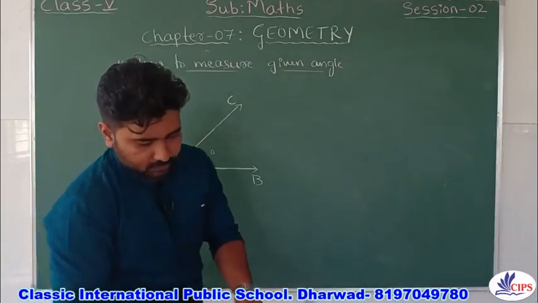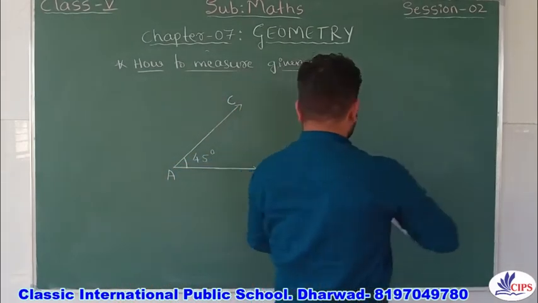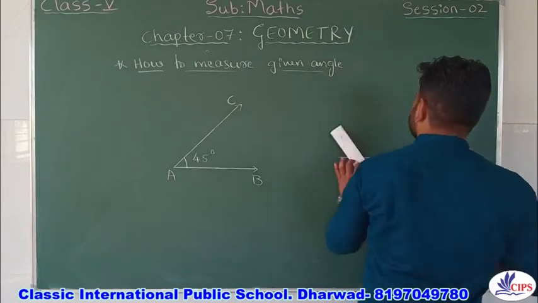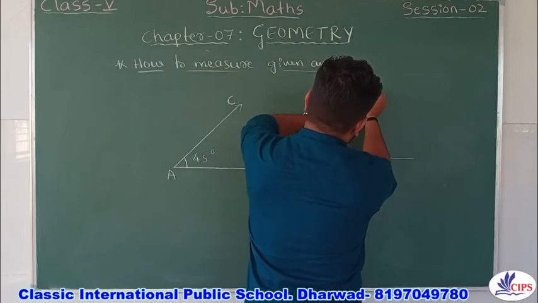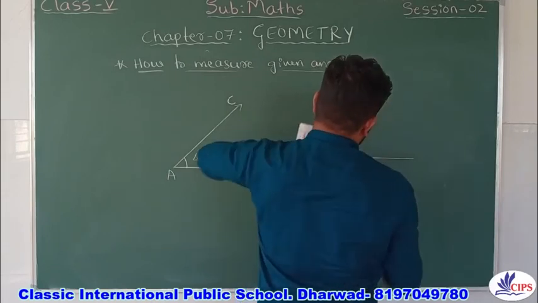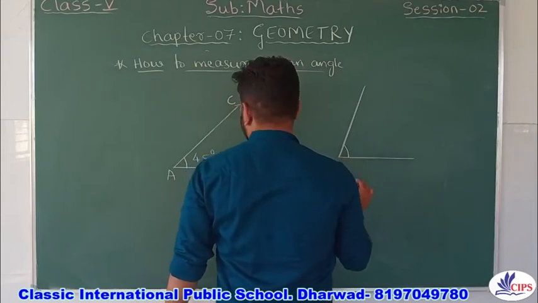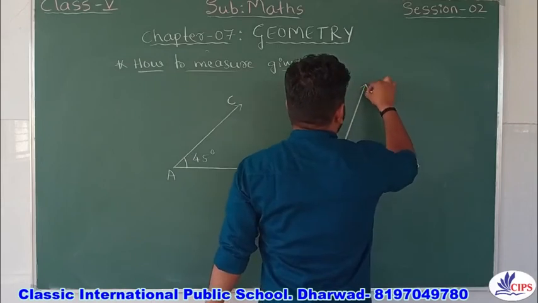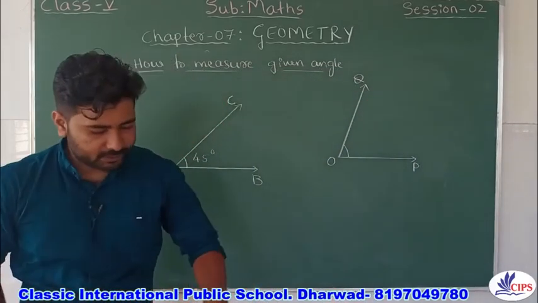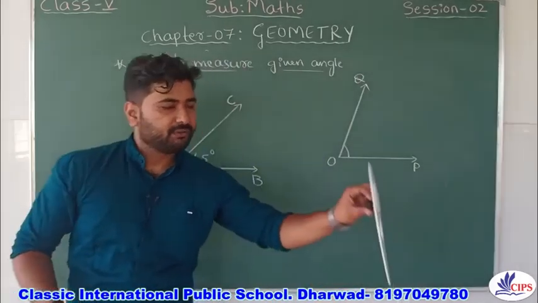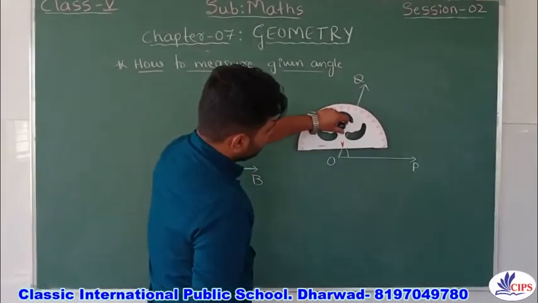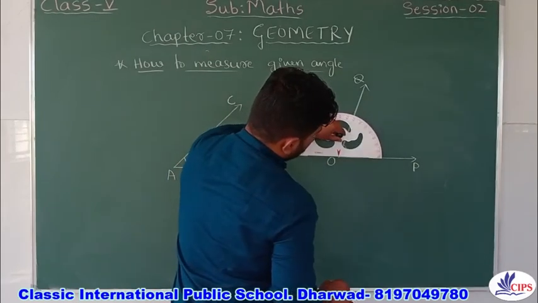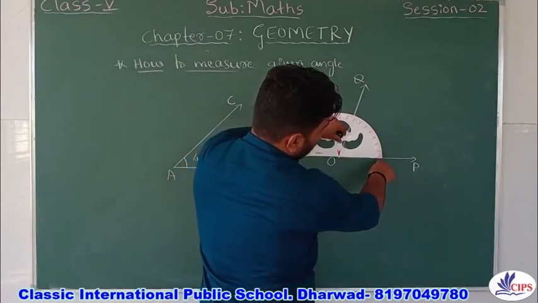Okay, so quickly we'll write one more. See, now this is the angle supposed to be measured and I take this as angle POQ. How do we measure it? I'm just taking this protractor, placing this needle exactly on the common vertex, but keeping an eye on this line.